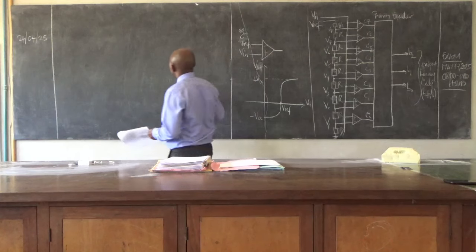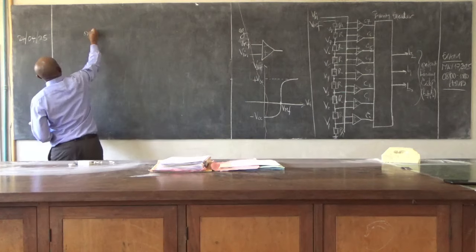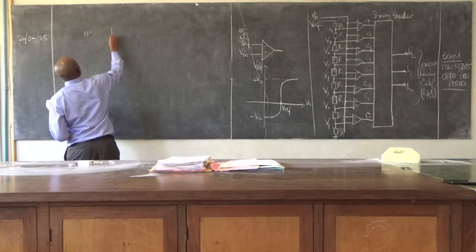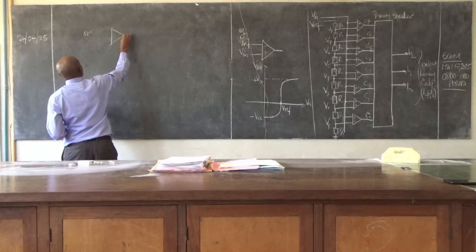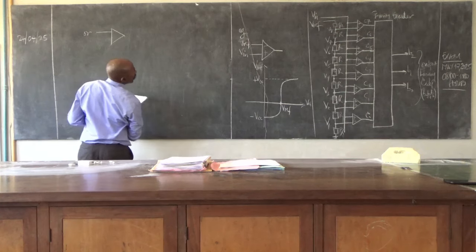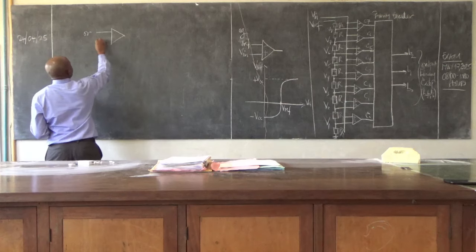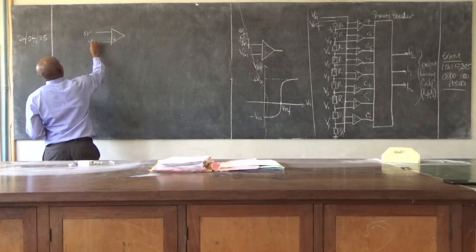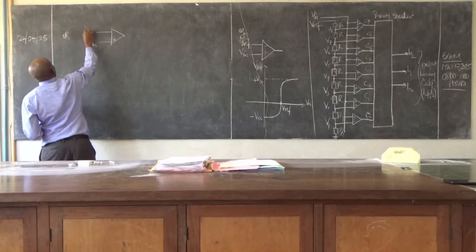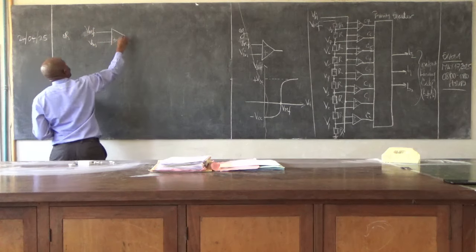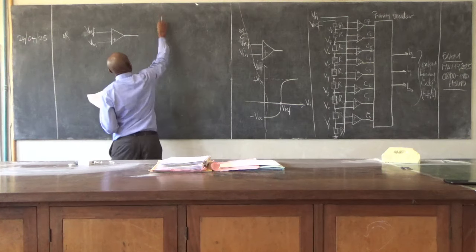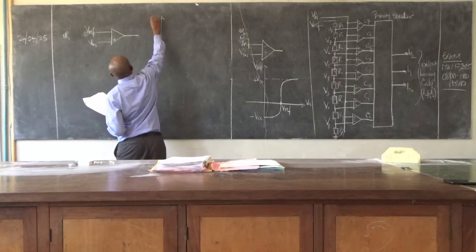Or we could have the falling one, still with our nomenclature of the comparator having the Vin on the non-inverting and the Vref on the inverting terminal, and then we end up with the graph, the V output.